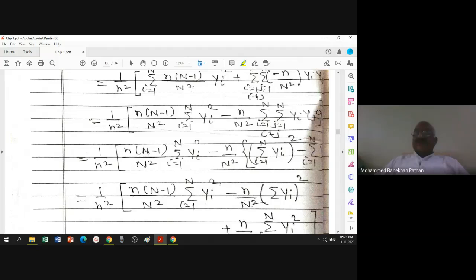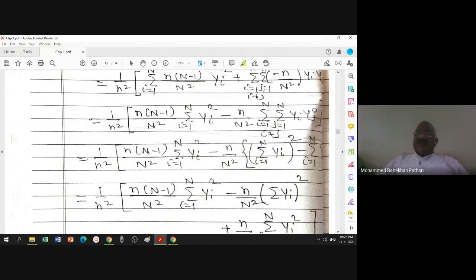(x1 + x2) whole bracket square. How do we write it? We write x1 square plus x2 square plus x1 x2 plus x2 x1. So if I want to write the sum of product, how will I write that?